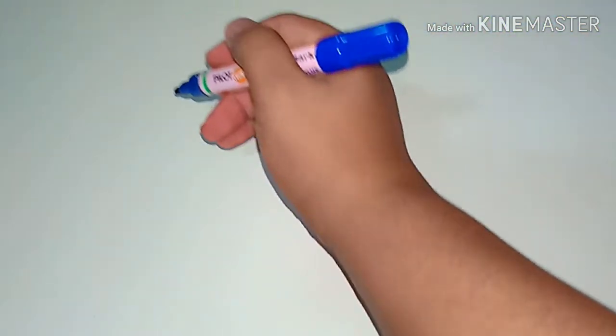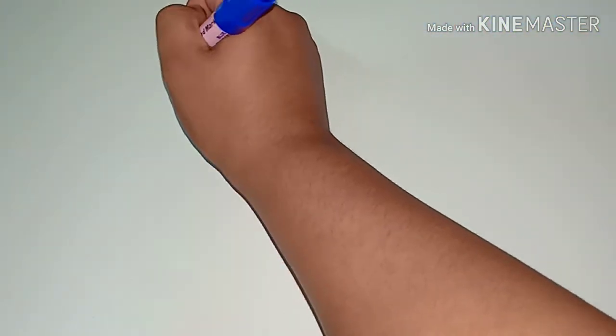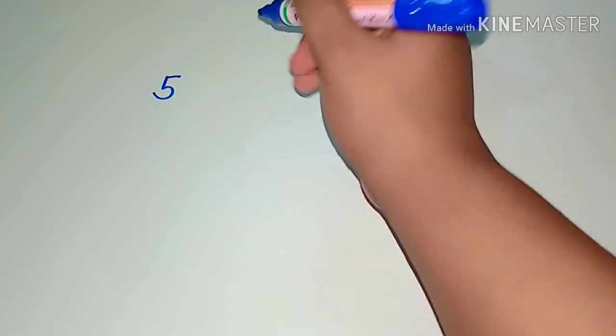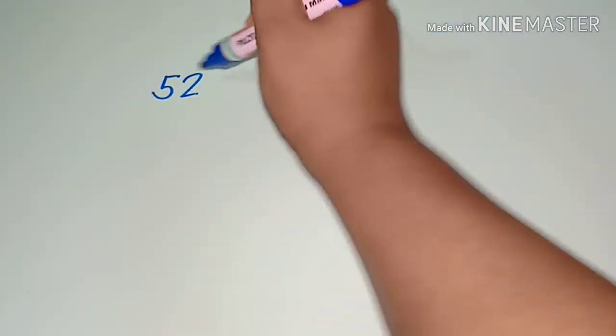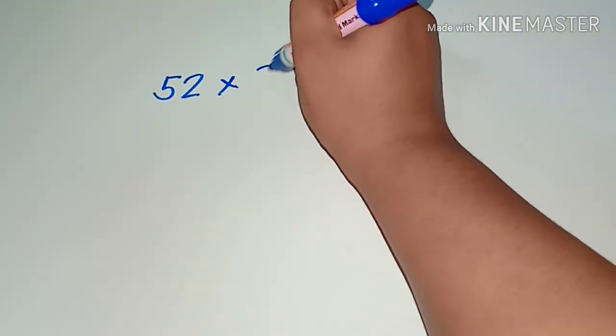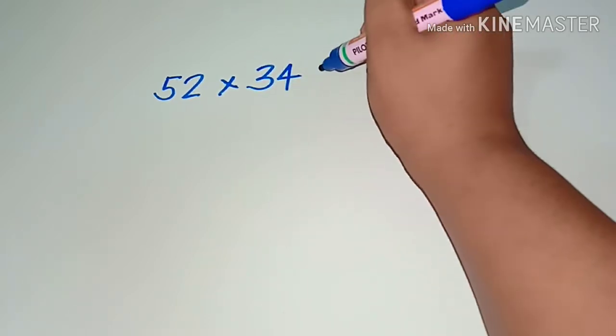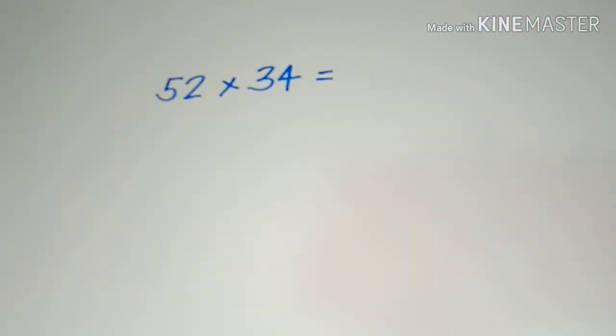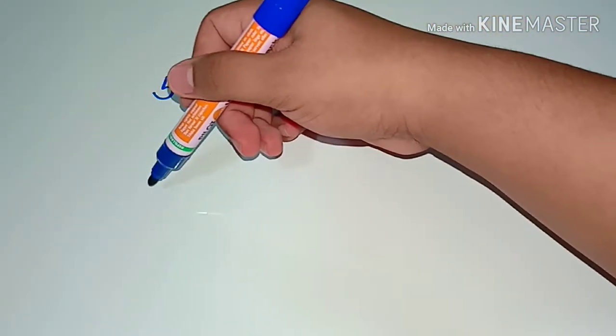Next example is what if we are multiplying 52 times 34. So first, draw diagonal lines for 52.